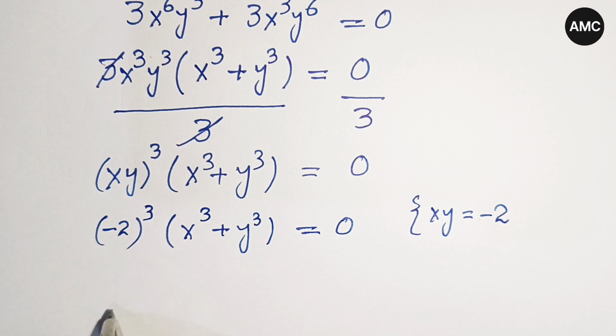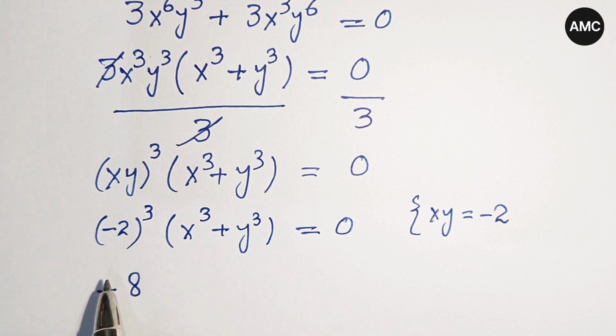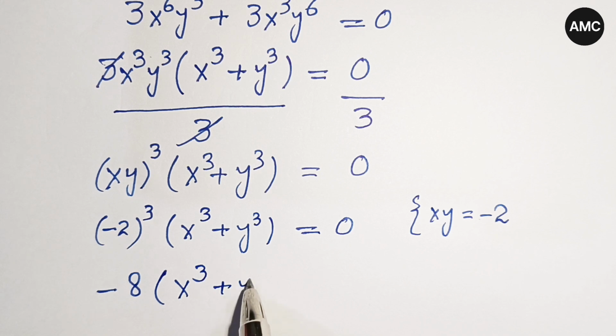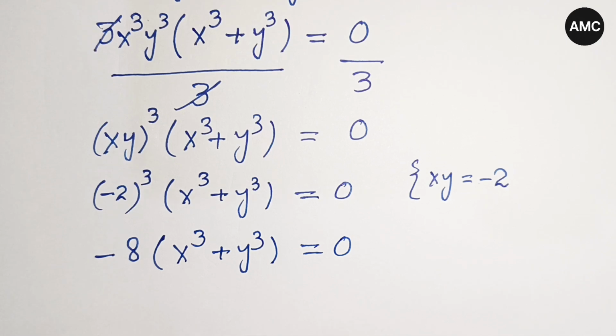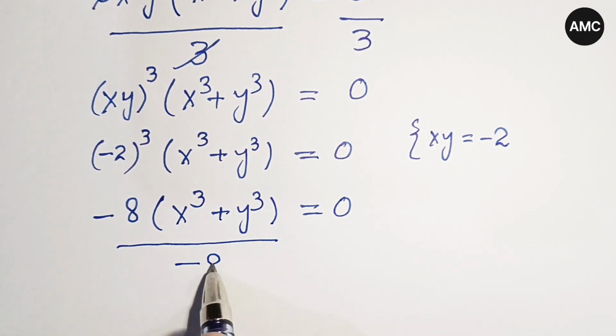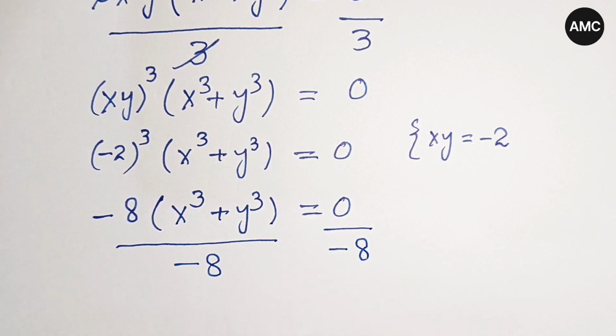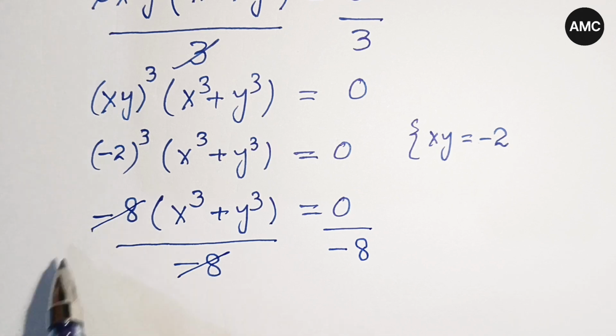Now 2 cubed is equal to 8, and we know that it is an odd exponent, so we write a negative sign here, times x cubed plus y cubed is equal to 0. Now if we divide by this minus 8 on both sides, the minus 8 cancels out.